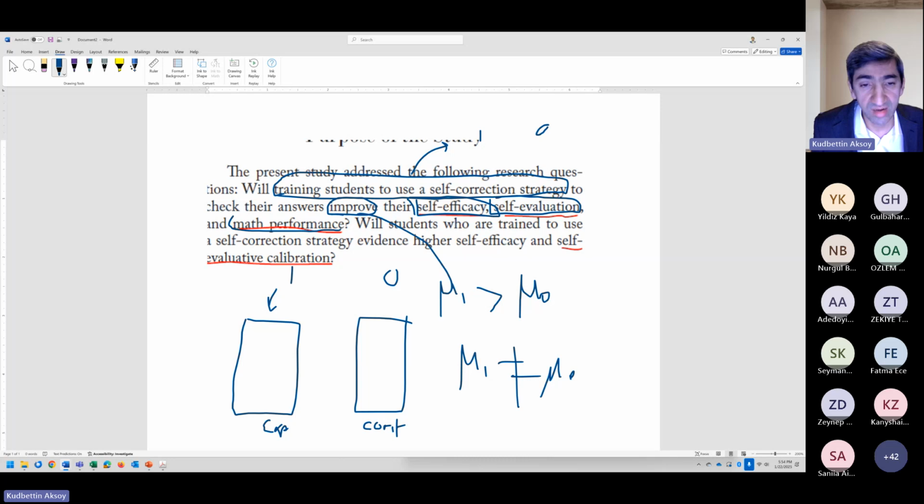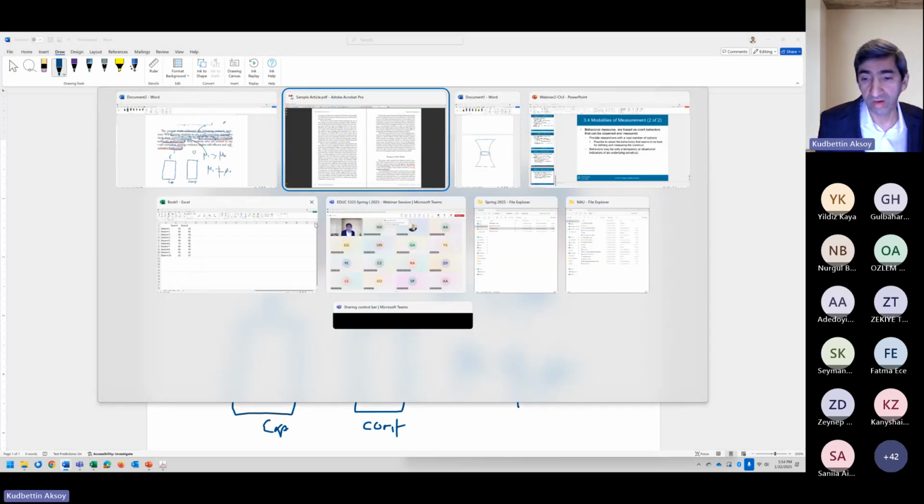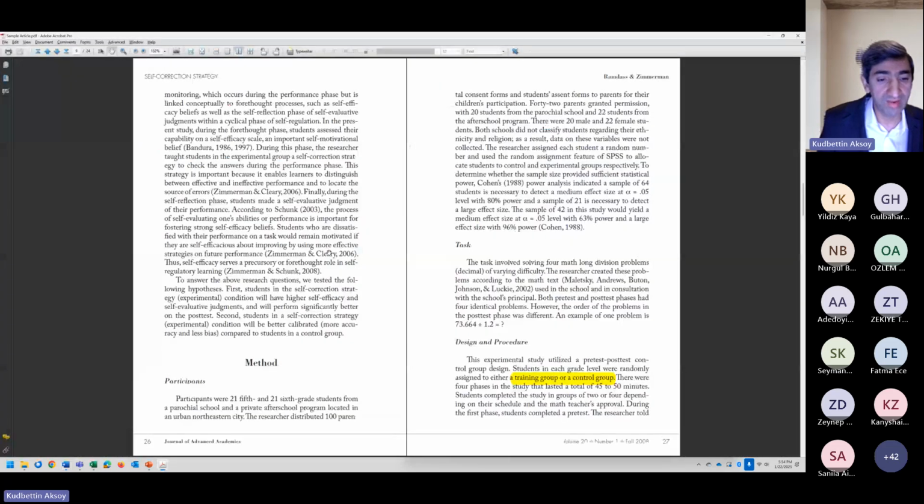It's easier, nevertheless, it's one thing. And finally, self-calibration. This is the final variable. So overall, we have 1, 2, 3, 4, and 5 variables. Four of them are continuous variables, numerical. One variable is categorical. So now let's move on and see how they are going to operationally define this.